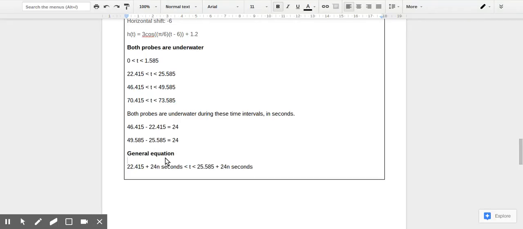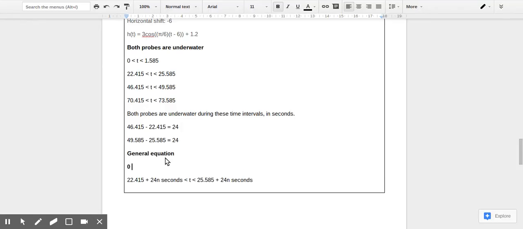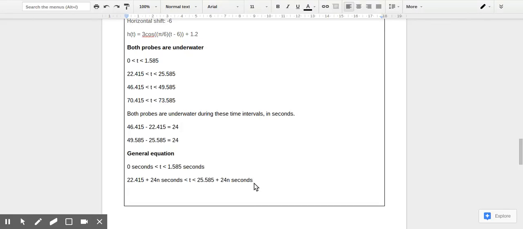So general equation is that. So I can say also between 0 seconds and 1.585 seconds. So these are the times that the probe is underwater. And we need to make sure we say for any positive whole number n.